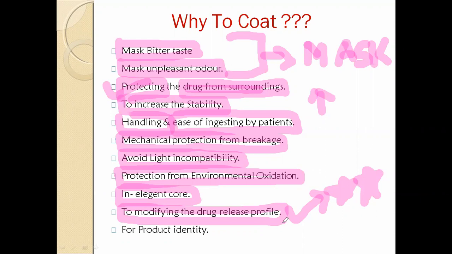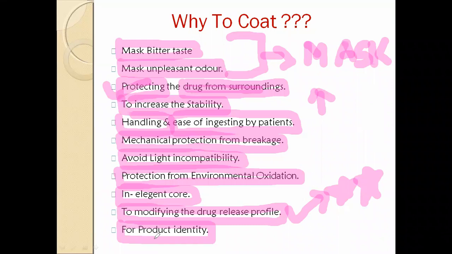So we can modify the drug release profile of the tablet core by using certain polymers. And last but not the least, we also go for coating to give an identification to the product.